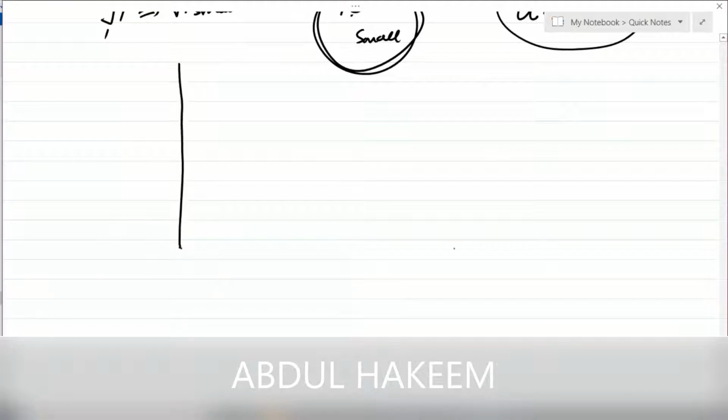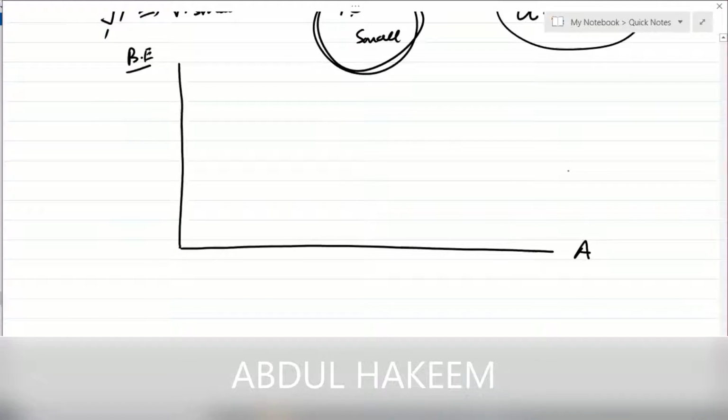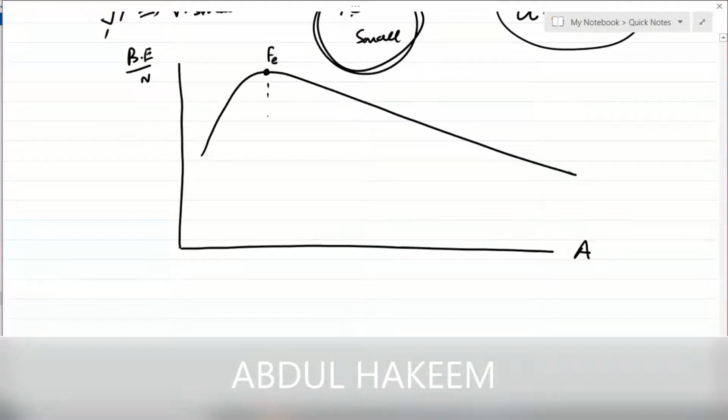In this graph, this is the mass number, this is the binding energy per nucleon, and the graph is like this. The most stable element is the iron, and its mass number is 56. This is hydrogen, and here is uranium.